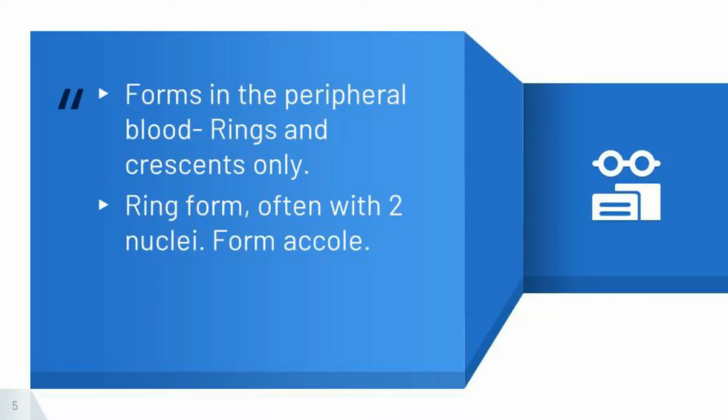So this Plasmodium falciparum forms in the peripheral blood. It forms in rings and crescents only, and also it has a ring form that often has 2 nuclei, and it forms accole. So accole is the stage or the ring stage of the Plasmodium falciparum that parasitizes the marginal portion of the red blood cells, also known as the erythrocytes.